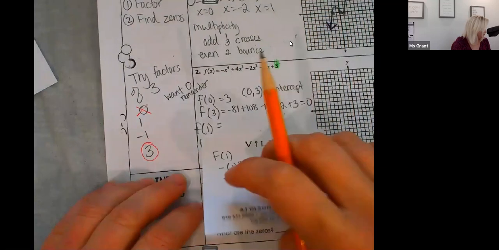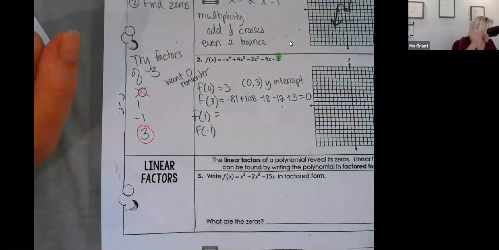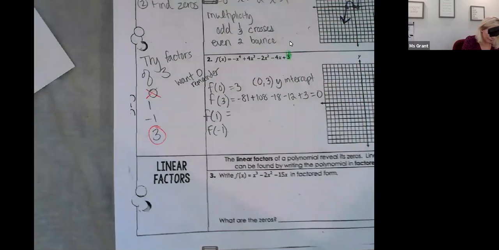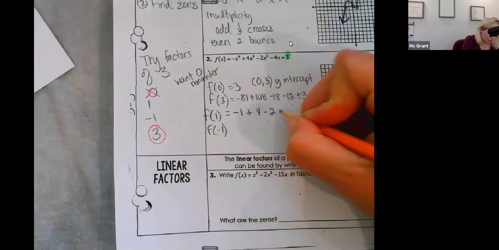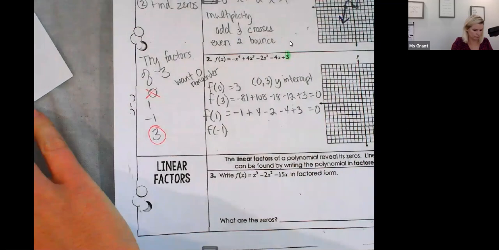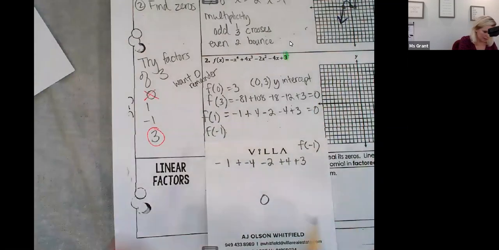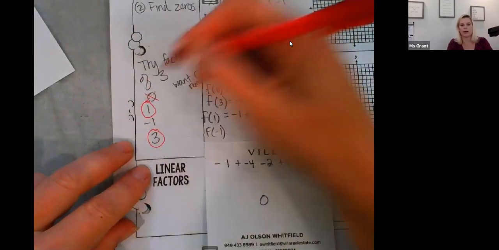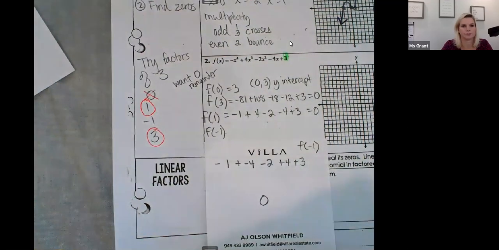Okay. Oh, I should have written that down. Hold on. Negative 1 plus 4 minus 2 minus 4 plus 3 equals 0. So yes, 1 is a 0, an x-intercept. Now here's negative 1.